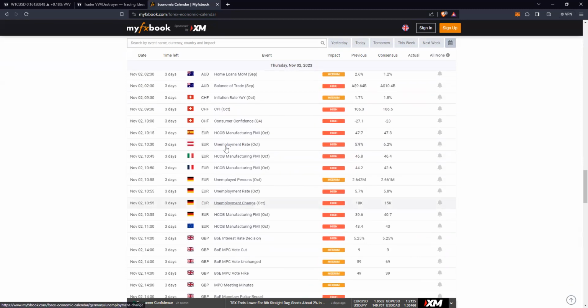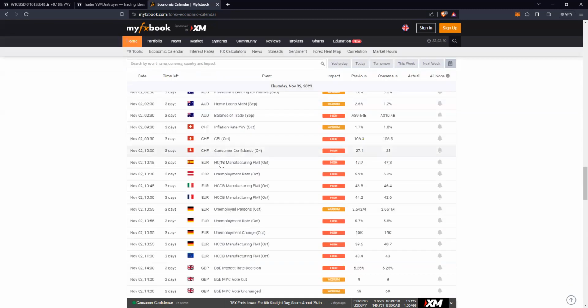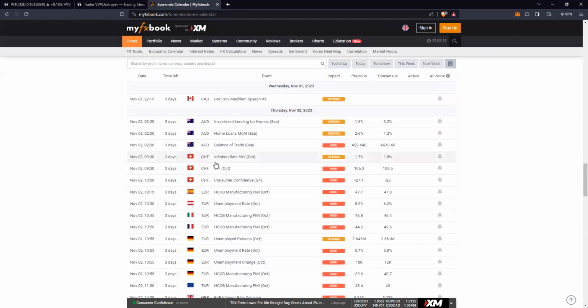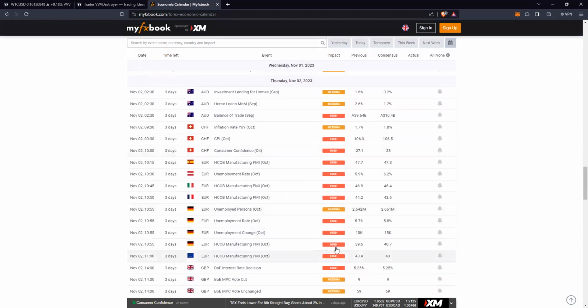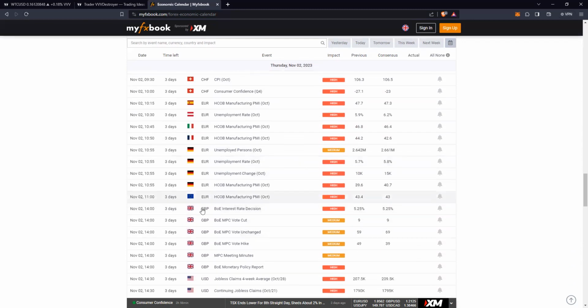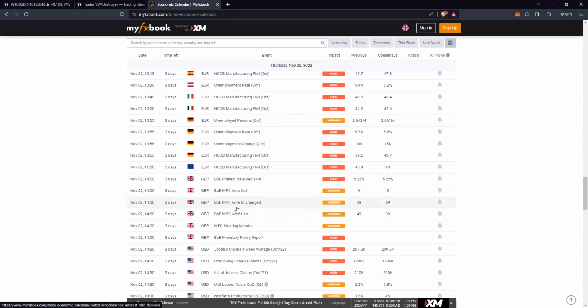Thursday, the CHF CPI, consumer confidence as well. A lot of high impact unemployment change, unemployment rate. Those are bigger news. And also Bank of England interest rate decision, which is also very interesting at 14 Thursday.